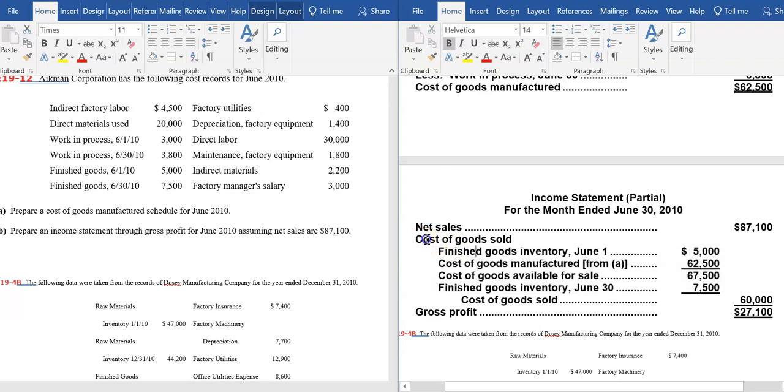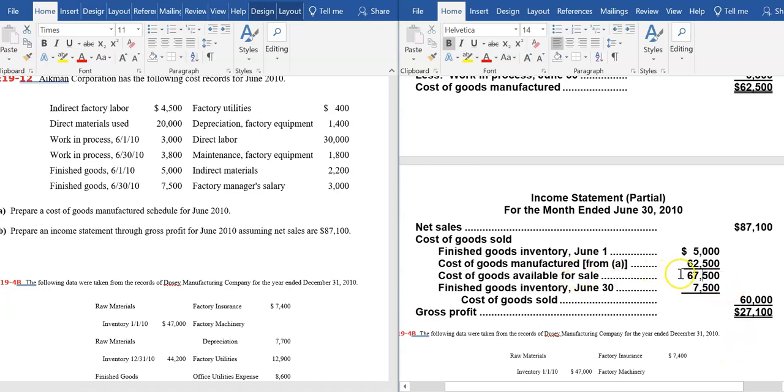So to calculate cost of goods sold in a manufacturing environment, we show the flow of costs through the finished goods inventory account. The beginning inventory balance plus the cost of goods manufactured, or the cost associated with completed inventory transferred over from work in process to get the total cost of goods available for sale, less the amount of finished good cost remaining.